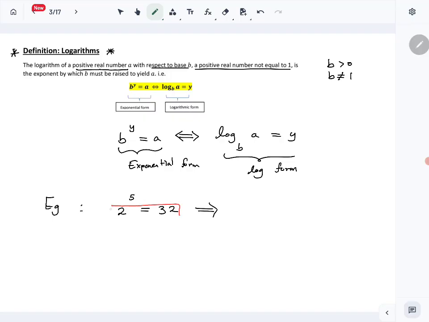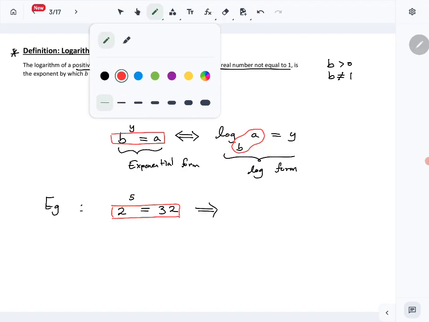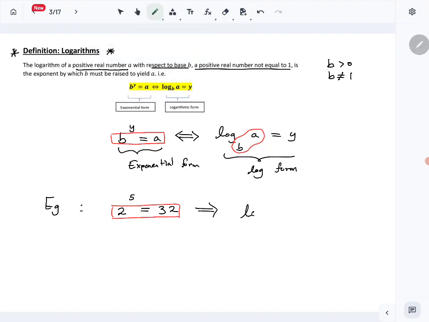Numbers on the same line, those two are the ones that come on the log side. Can you see? So then log base what? Base 2. What's inside? 32, in the same order. First b, next a. b is the base that comes first, then the number, then that is equal to that power. So here the power is what?